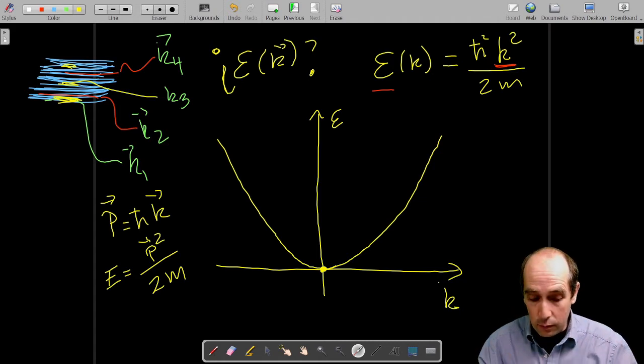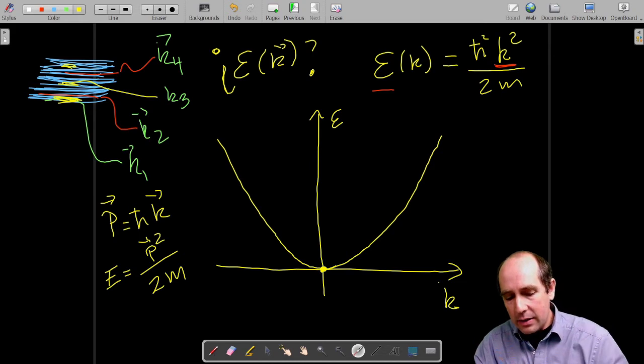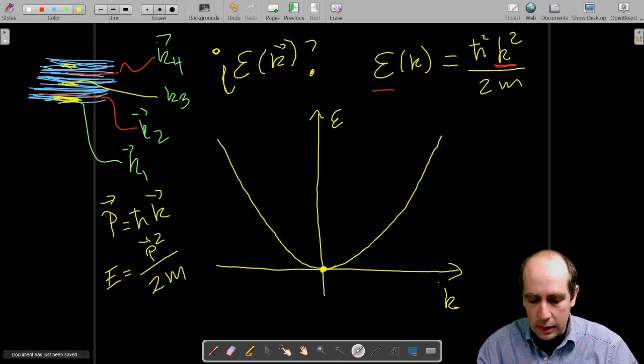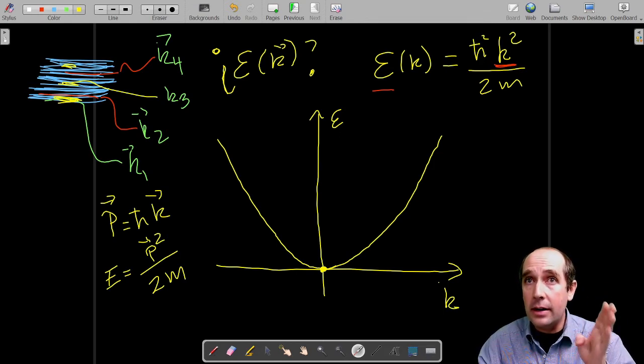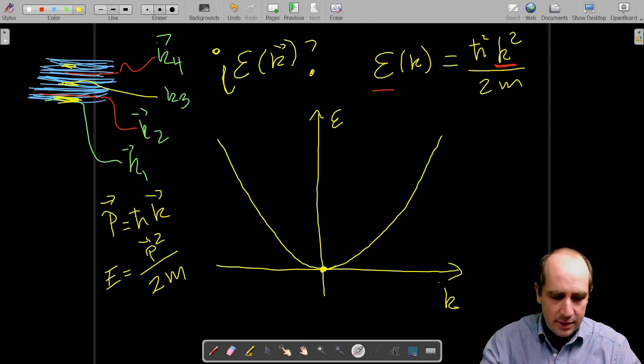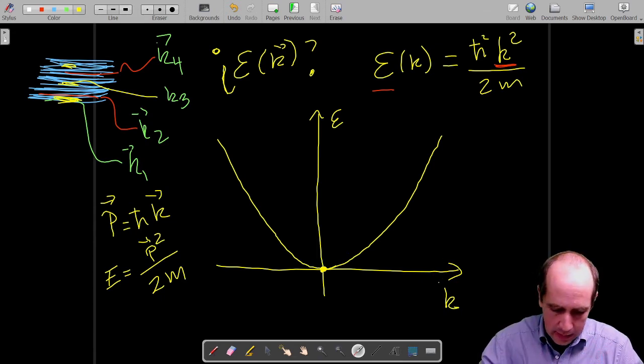Let's be very careful, although here I painted the curve as if K was a continuous variable, we know that K can only acquire a finite number of values, and they are all within what we call the first Brillouin zone. So first of all, K cannot acquire any values.